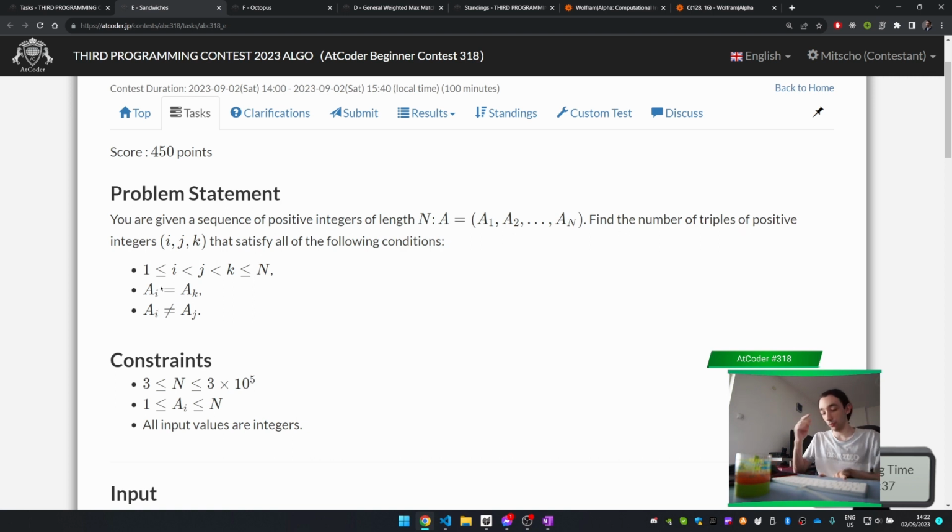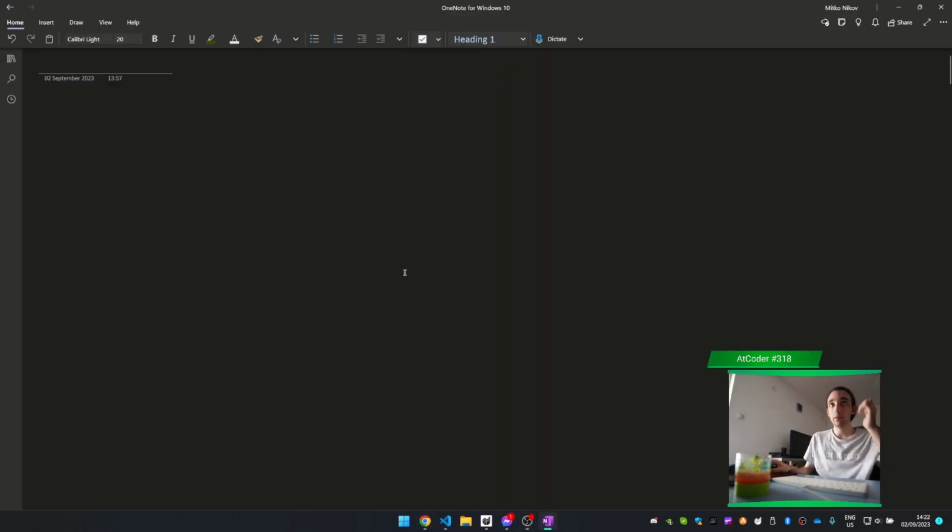So how do you do this? From this side you keep some... this is the sum of the products of the counts.